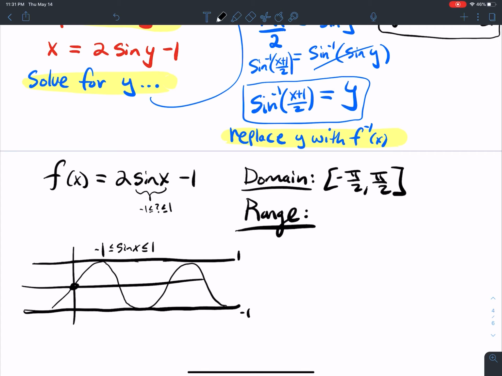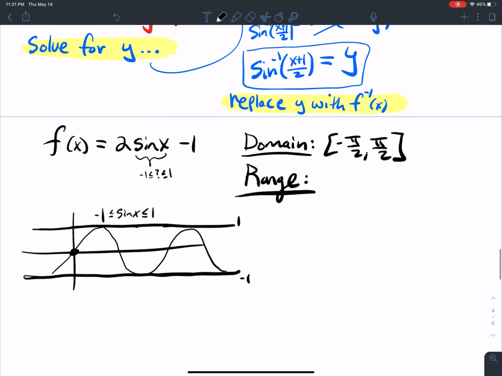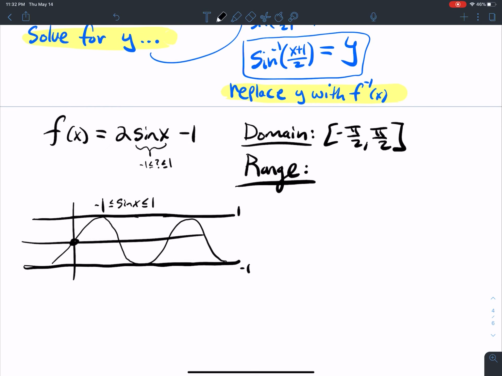So how am I going to use that to help me figure out my range? Well, let's take this and replace it with y. So I have y equals 2 sine x minus 1. Let's start working this out, trying to solve for x, and see where we're stuck between.